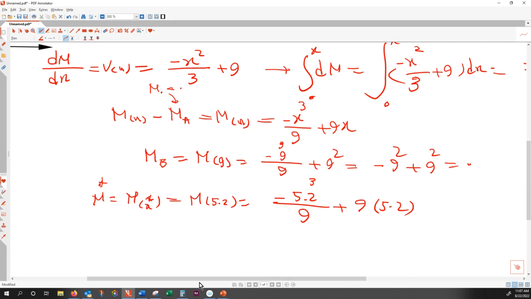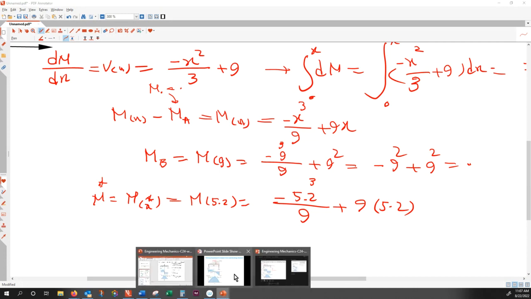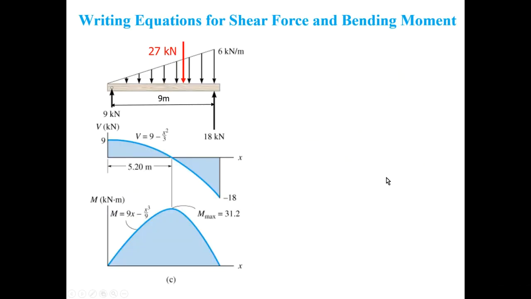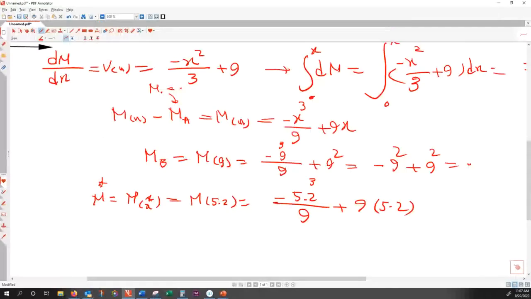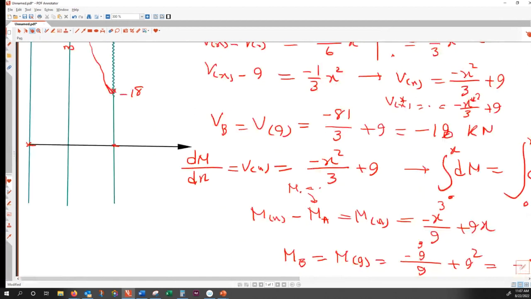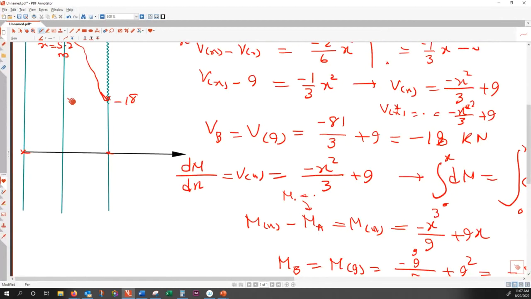And that, if we solve, is going to give me 31.2. It is positive, and the unit is kilonewton meter.